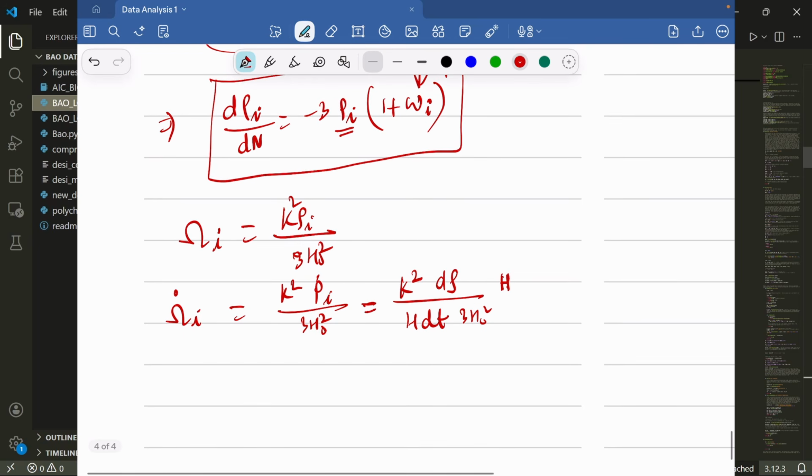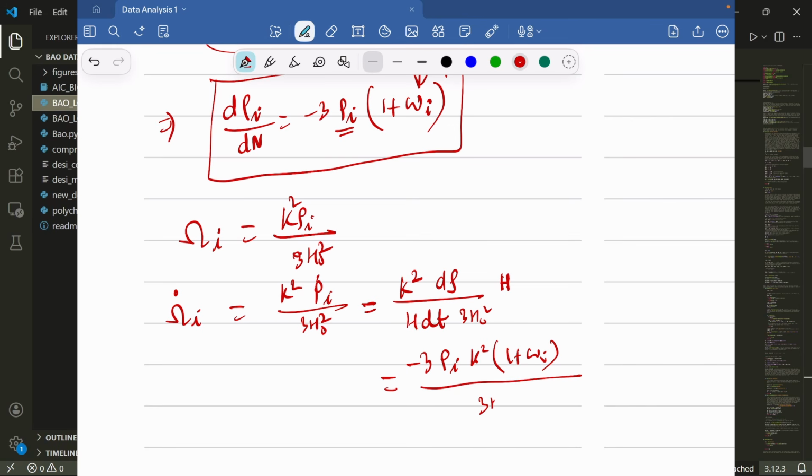So it will become d rho by dN. So d rho by dN is minus 3 rho_i kappa squared (1 plus w_i) over 3 H_0 squared H.